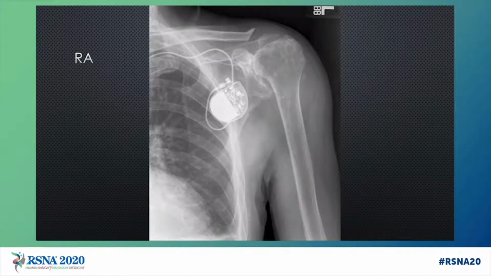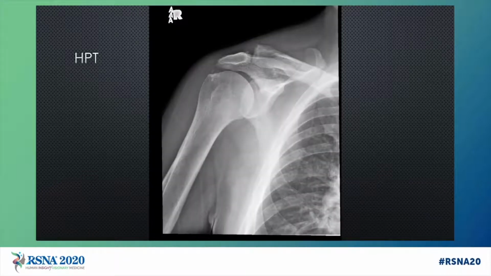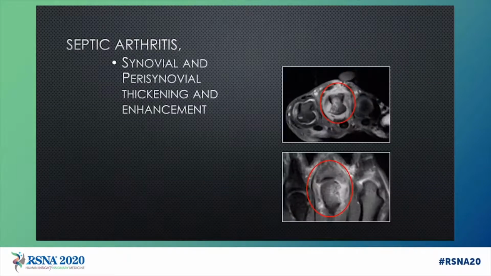Companion cases with distal clavicular osteolysis: rheumatoid arthritis, with this case showing a well-corticated distal clavicle, and distal clavicular osteolysis in hyperparathyroidism. Septic arthritis on MRI: we see synovial proliferation and thickening with enhancement.